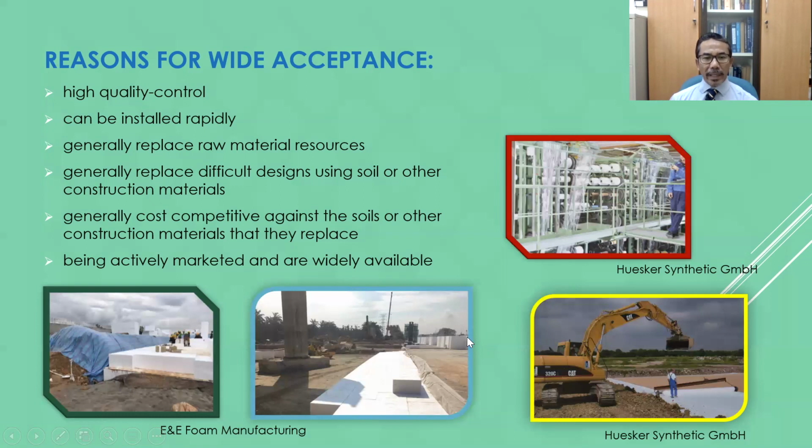In addition to that, since there are hundreds of manufacturers around the world, the products are widely available. At the same time, normally geosynthetic people are very active in marketing their product. So those are the reasons why geosynthetic materials receive wide acceptance among civil engineering professionals.